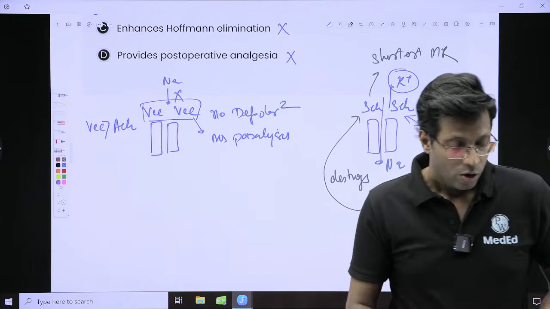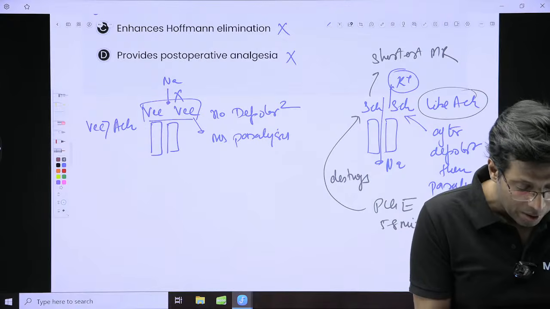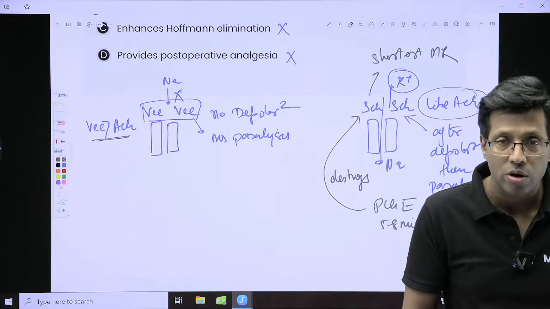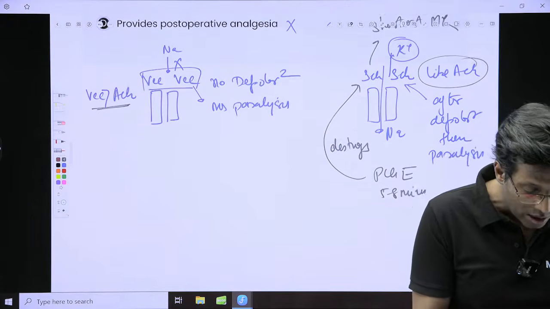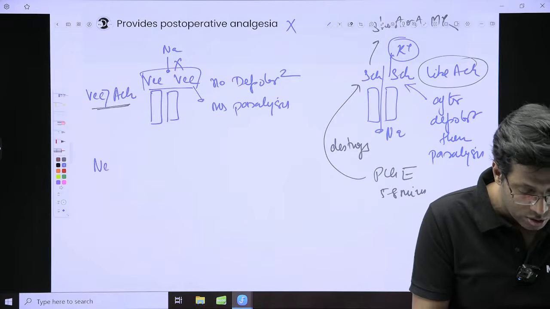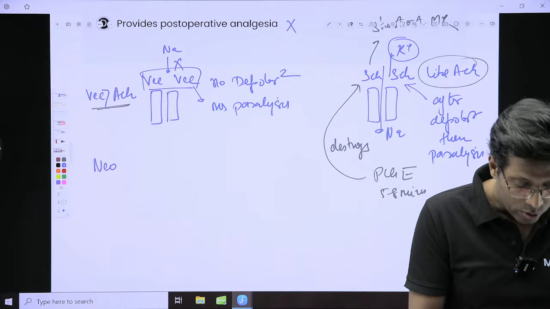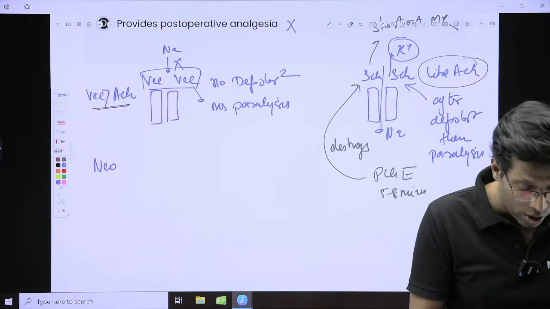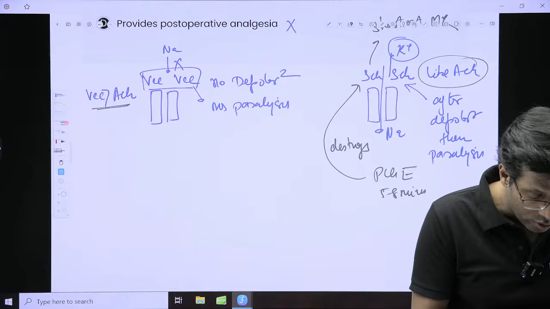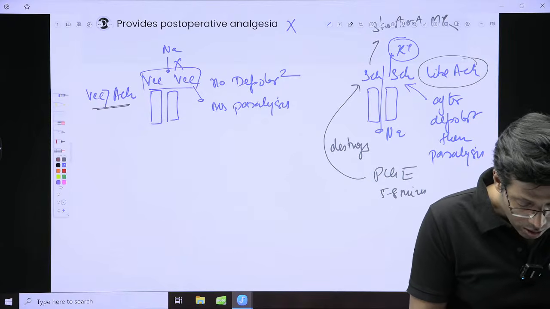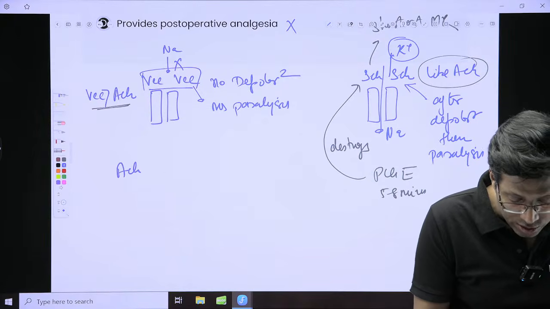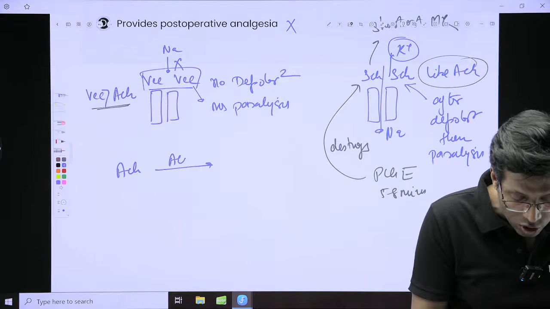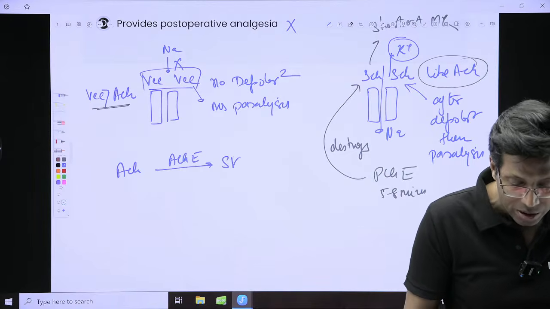Okay. Now for vecuronium, what to do? Remember, vecuronium is competitive. The one which is stronger gets to sit at the receptor. So what we used to do is give neostigmine. Remember, what does neostigmine do? Neostigmine basically blocks cholinesterase. Normally, acetylcholine gets destroyed by acetylcholinesterase and goes back to the synaptic vesicle.